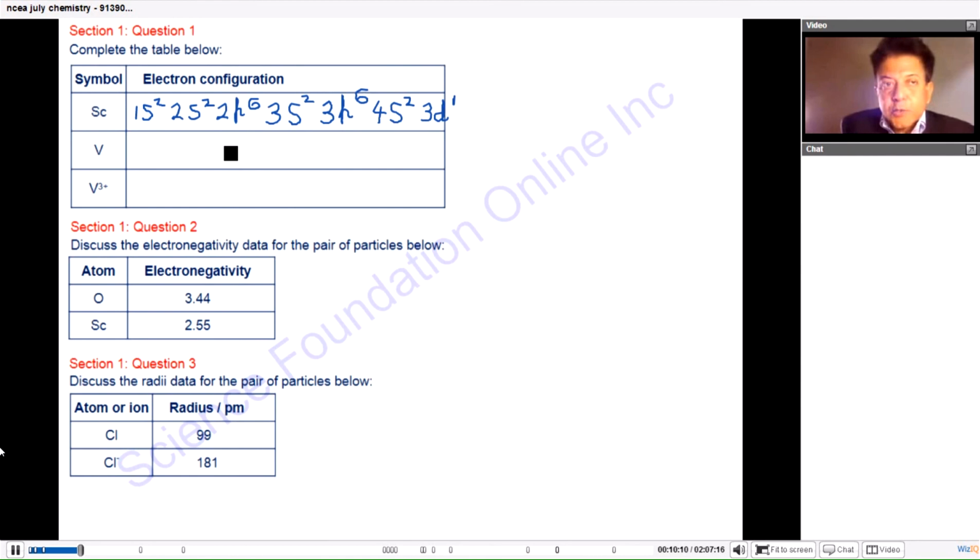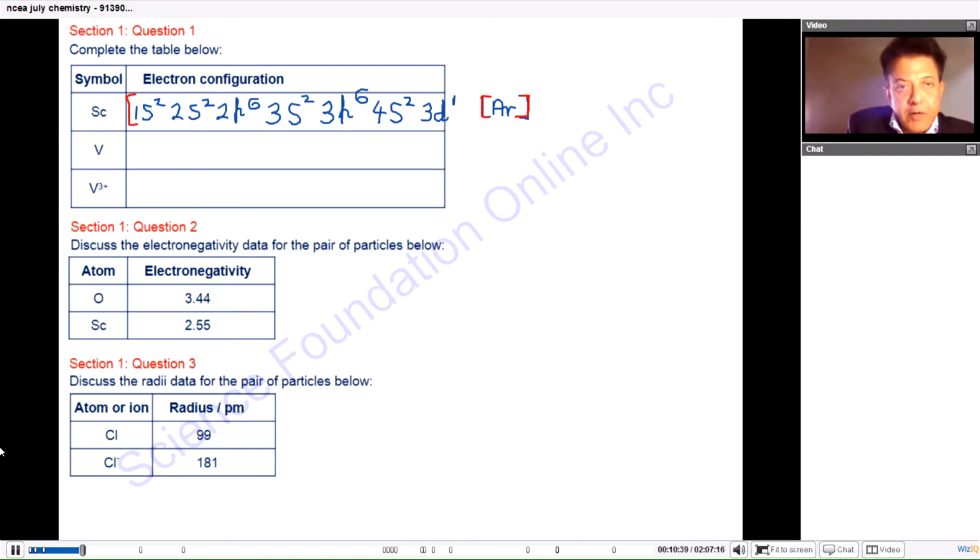Now, it's also acceptable, definitely, to write this in this way: argon, because that is the completed inert gas electron configuration that's inside of the valence shell. Argon here comes up to this point.